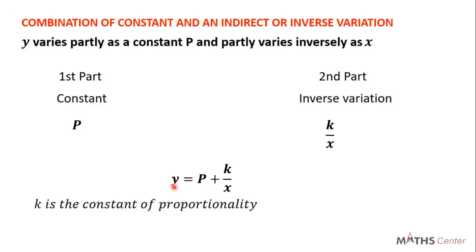What this means is that y is equal to the first part, which is p, plus the second part, which is k divided by x, where k is the constant of proportionality.